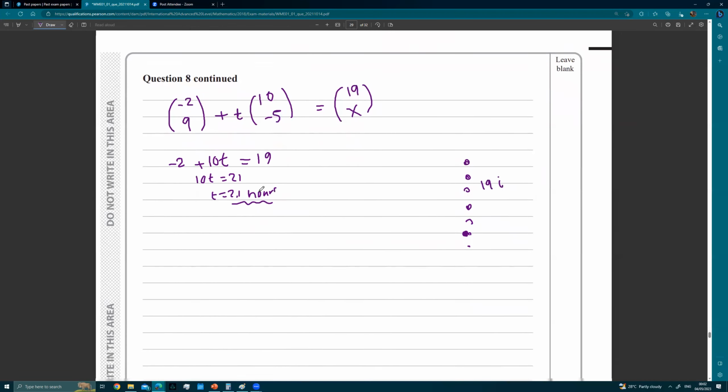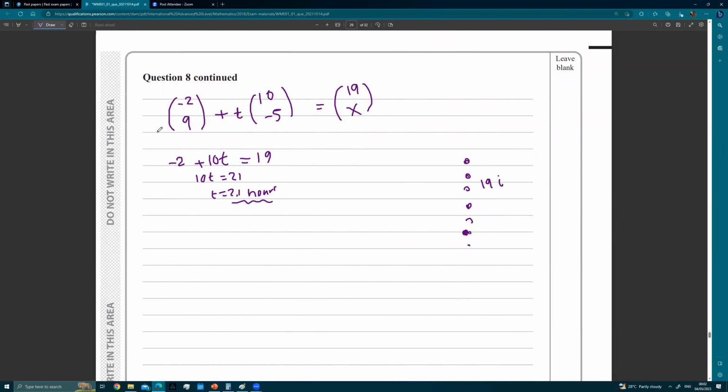So let's work out the J component. The J component of your ship t hours later is going to be 9 minus 5t. So 9 minus 5 times 2.1. This becomes 9 minus 10.5, which gives you minus 1.5.